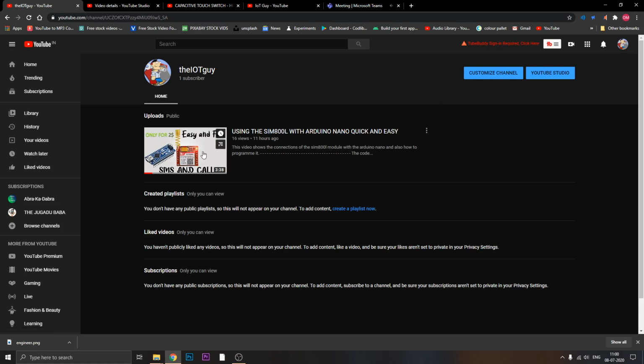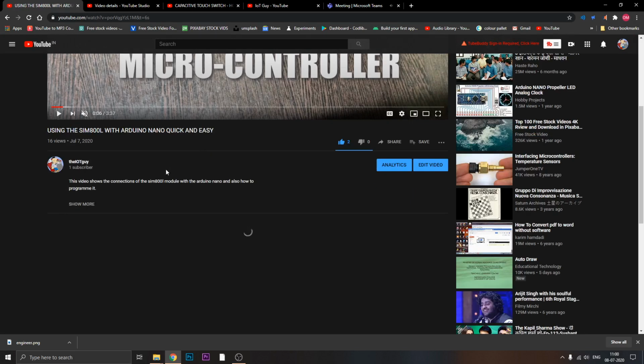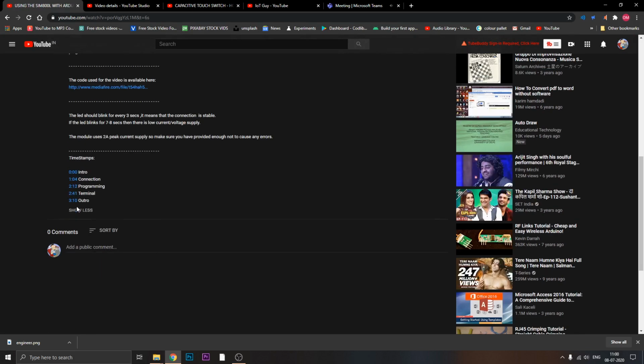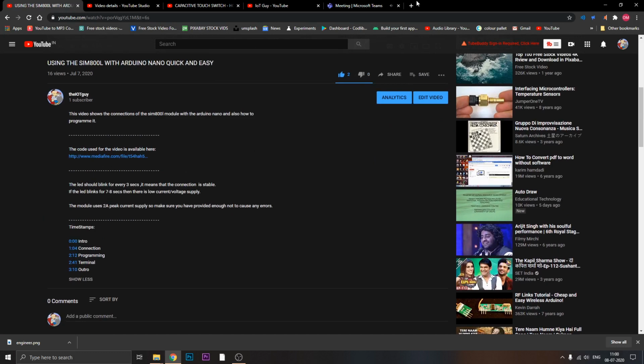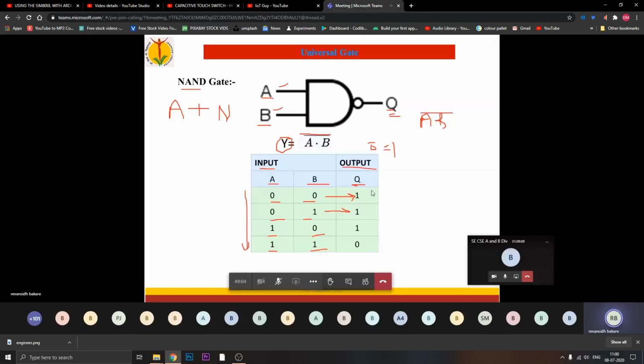Now see, in the second case A is 0, B is 1. 0 into 1 is 0, but it's a complement, it's a bar, and due to the inverter again we get 1. Keep in mind, complement or inversion means exactly its opposite value. For the second case, A into B is 0 and 0's complement is 1.